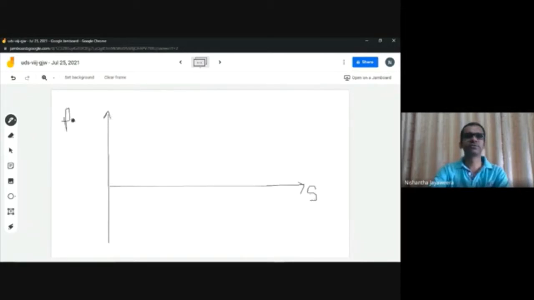First, we'll try to draw the payoff. This is the strike price. It's for the long put.